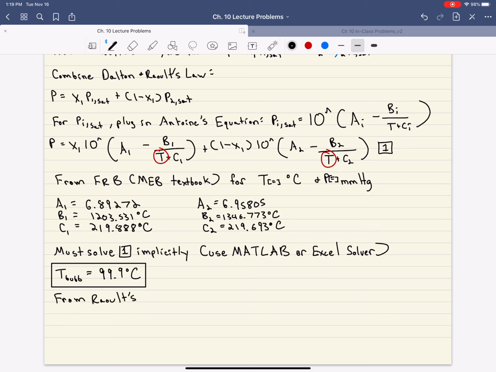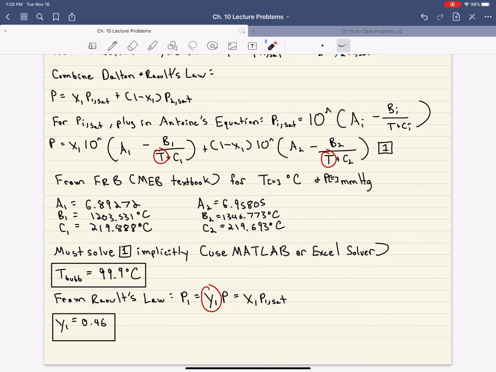From Raoult's law, we can relate that to the liquid phase composition and the vapor pressure. Since we now know the temperature, we can plug it into Antoine's equation, and the only unknown we have is Y1. Rearranging and solving for Y1 gives us a Y1 value of 0.46.